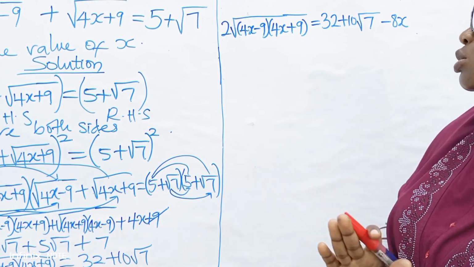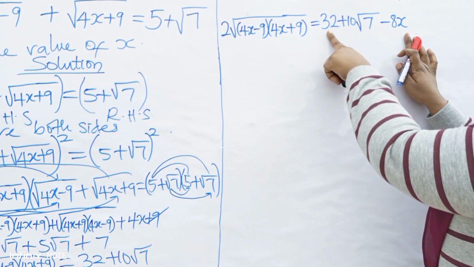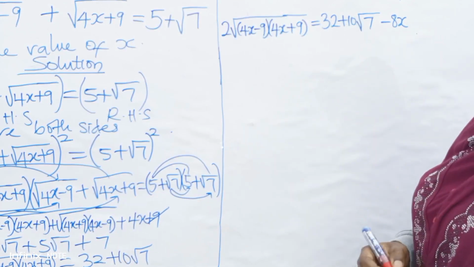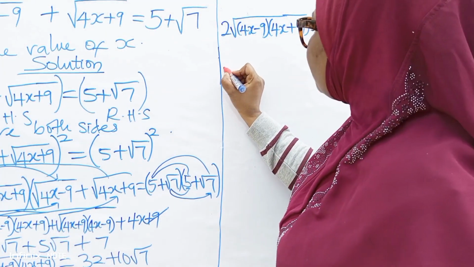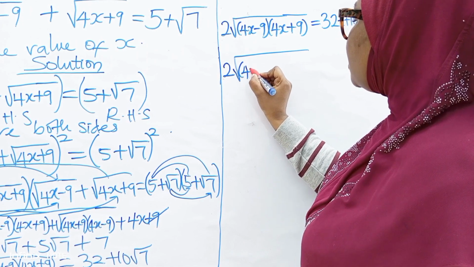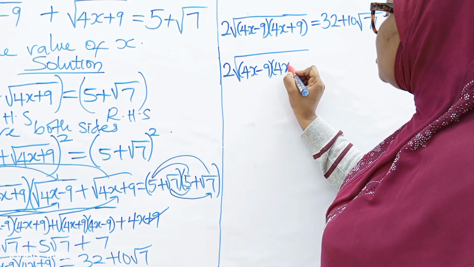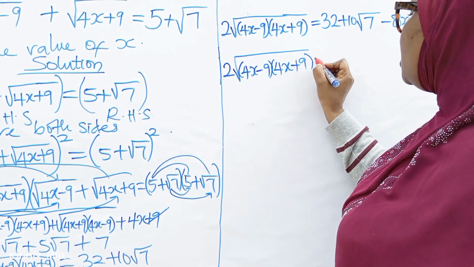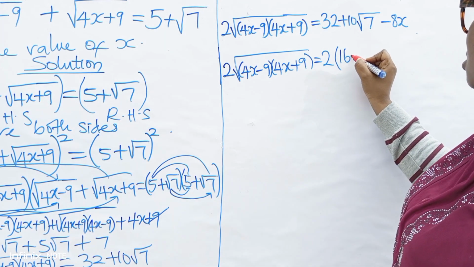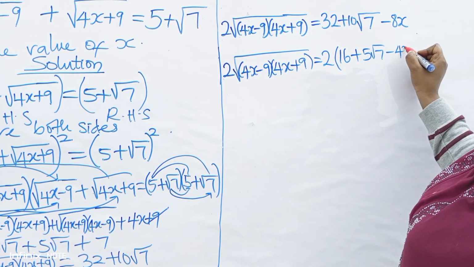So what am I going to do? That means I need to factorize throughout here. Since 32 is an even number, 10 is an even number, minus 8 is also an even number. So that means I will have 2 root 4x minus 9 multiplied by 4x plus 9 is equal to 2 into bracket 16 plus 5 root 7 minus 4x.